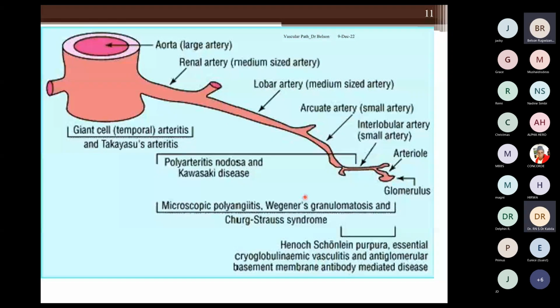So kugira ngo azahavure akenshi radiation nk'uko babikora muri cancer. So then smaller vessels, you have many other diseases here. So this can help you to know if you have seen a disease affecting a large vessel, then there is a class or at least a small list of diseases, possible diseases.